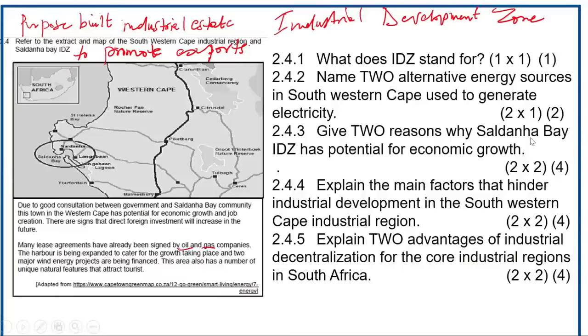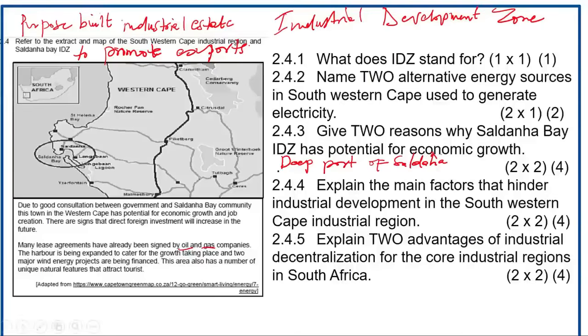Give two reasons why Saldanha Bay has potential for economic growth. Now this one is a concept. You need to understand what is going to make Saldanha Bay grow. Number one, Saldanha Bay is a deep port.